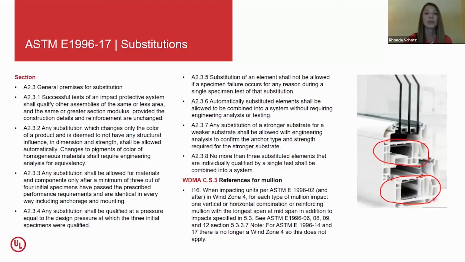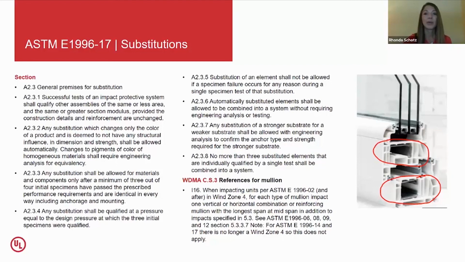Also note section A2.3.4, any substitution shall be qualified at a pressure equal to the design pressure at which the 3 identical specimens were qualified. Example, 3 initial specimens passed at a DP50. Then you changed out the hinges on 1 substitution unit, but it only achieved a DP45.